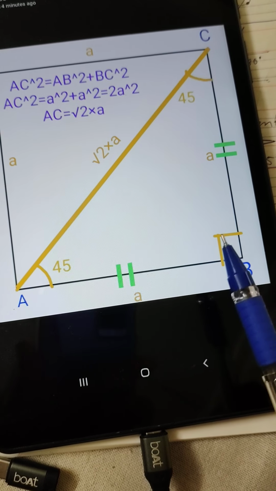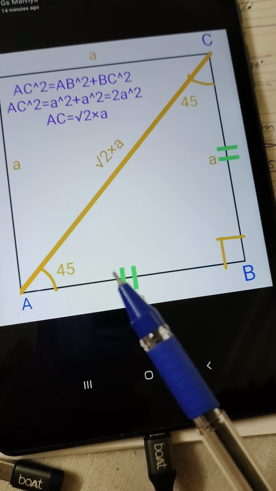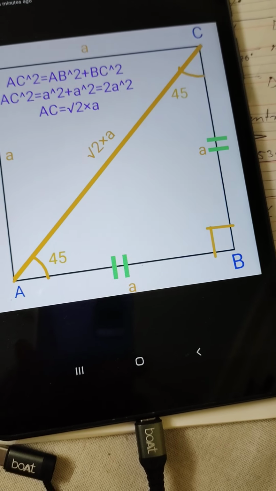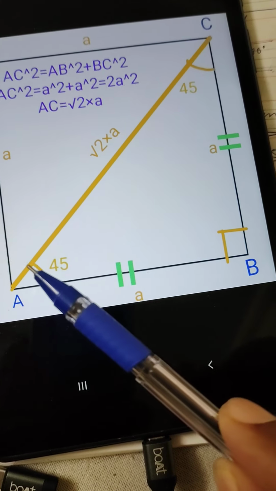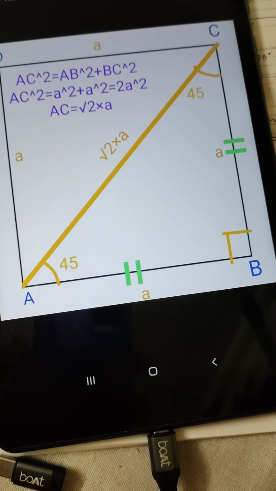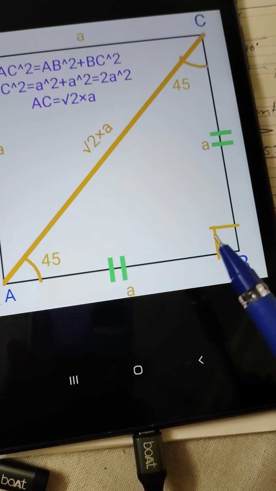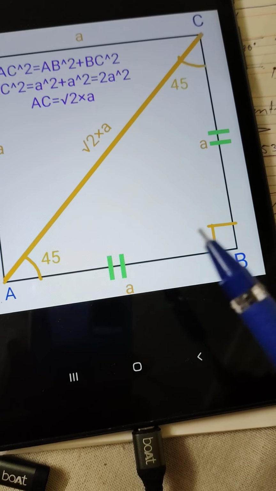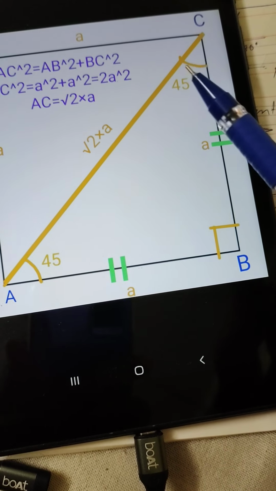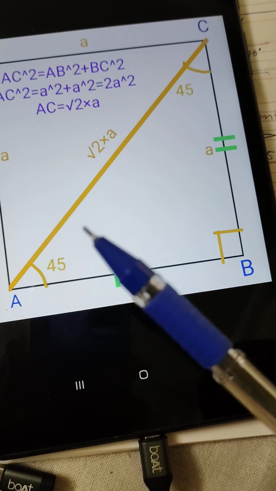This angle is a right angle. So you can say this angle and this angle will be 45 degrees. How can we say? Because these two sides are equal, and one angle is 90 degrees, so these two angles will make 90 degrees.